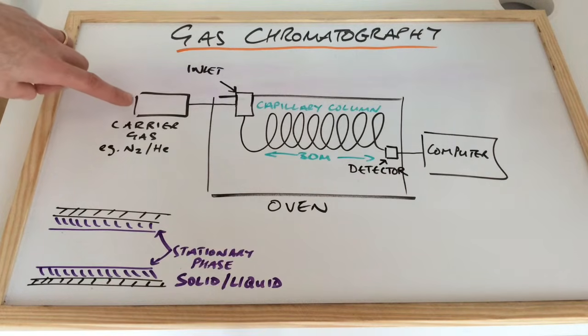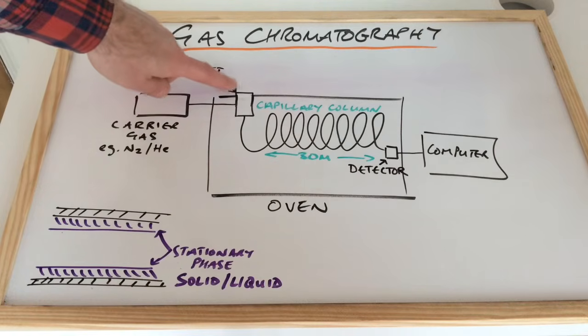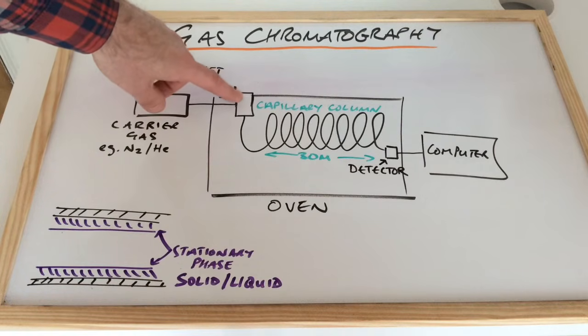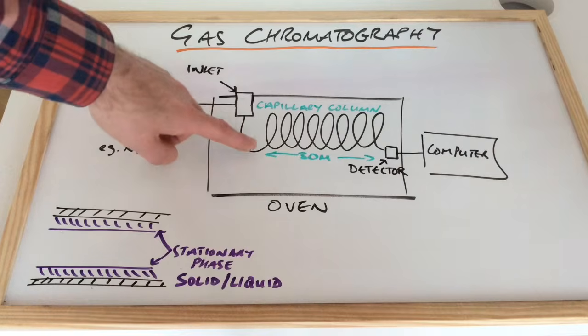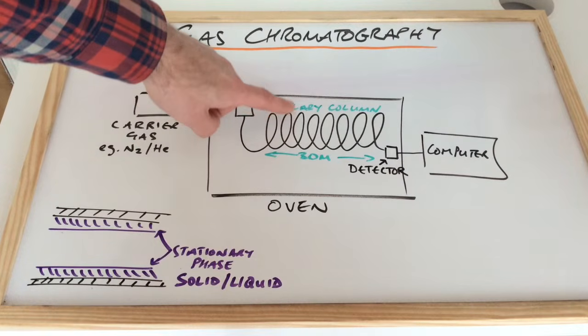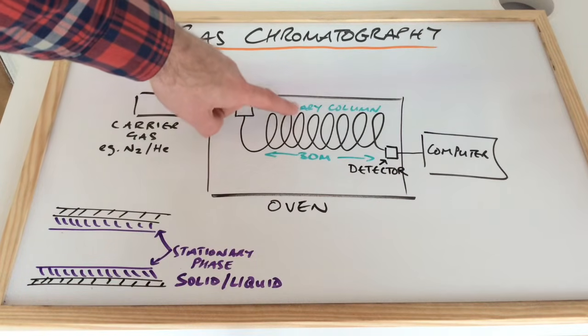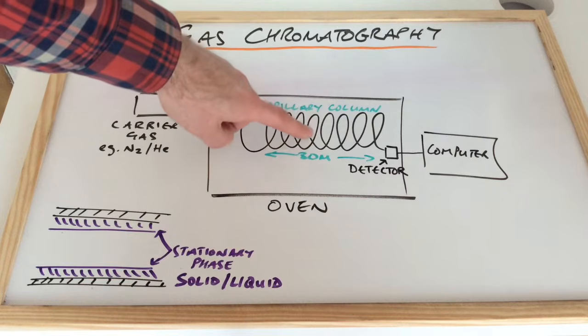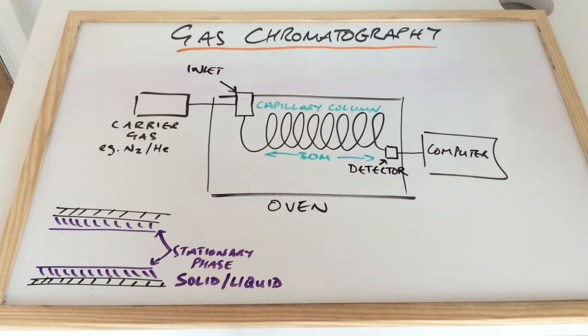The job of the carrier gas is to move the components in the mixture through this very, very long, very, very thin, almost piece of wire. It's actually hollow, called a capillary column, and that can be anywhere up to 30 meters long. And it needs to be that long to make sure that the full separation actually takes place.